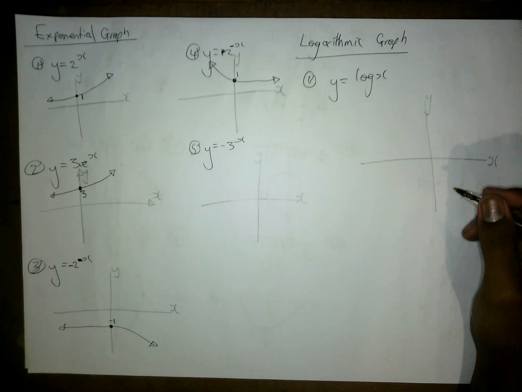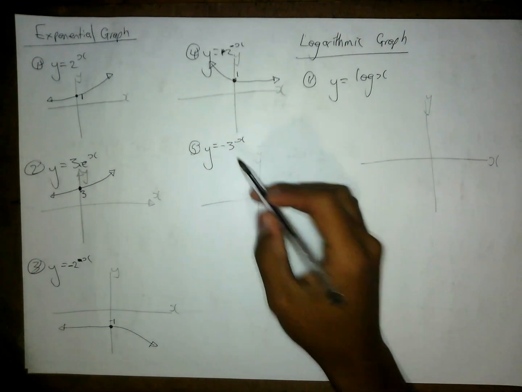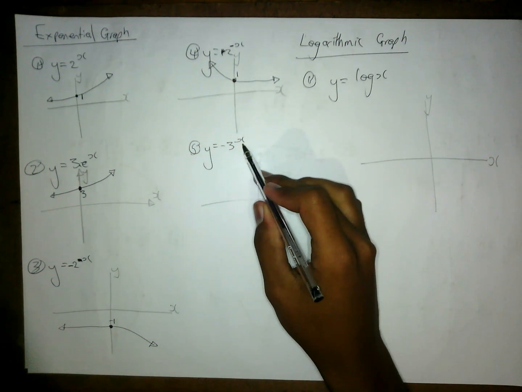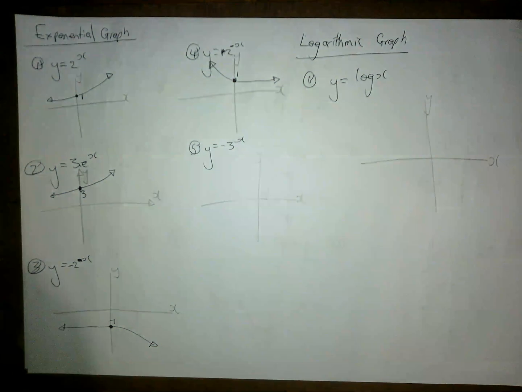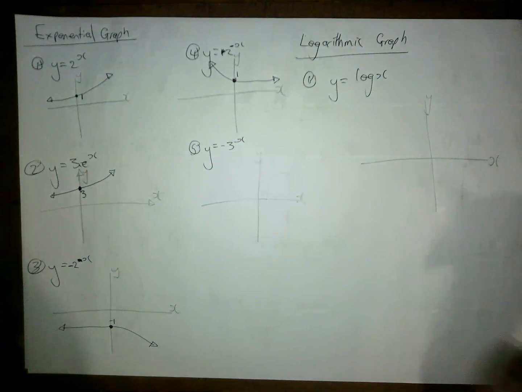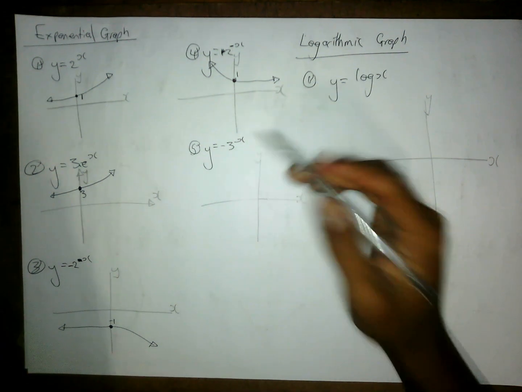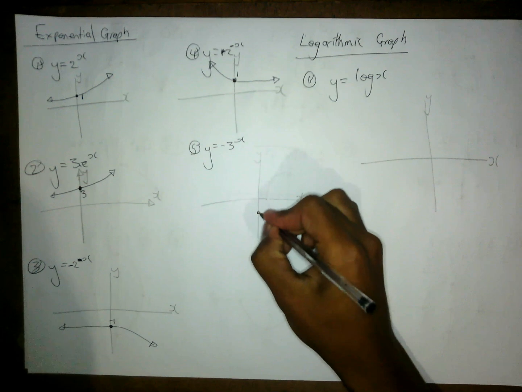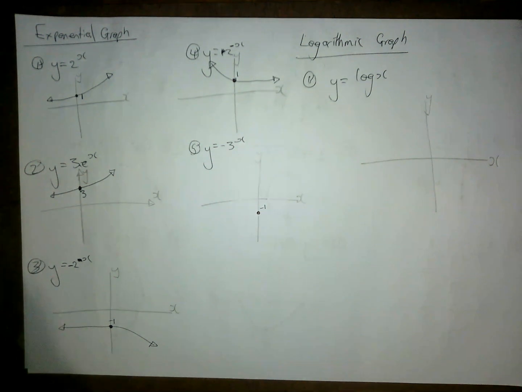For number 5, we have a negative number and a negative exponent. We know now the number doesn't matter, né? It's always going to be 1. So it's a negative number, so we're on the negative side of the graph. So it's negative 1.